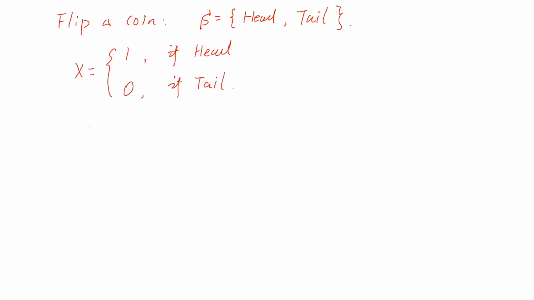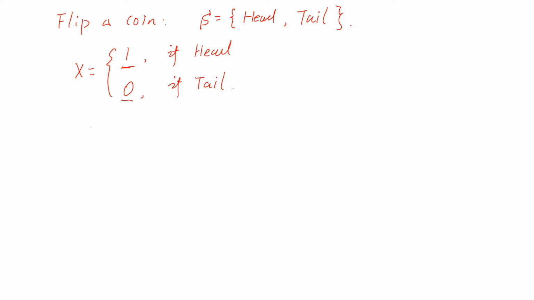So X here is a function. It assigns the outcome head a real value 1. X equals 1 when you got a head, and X equals 0 when you got a tail.